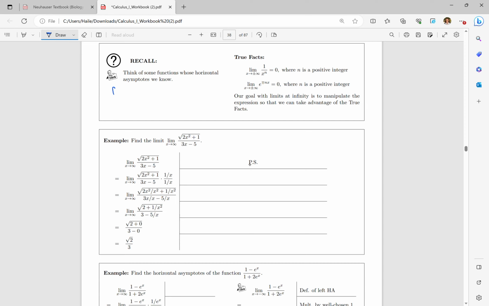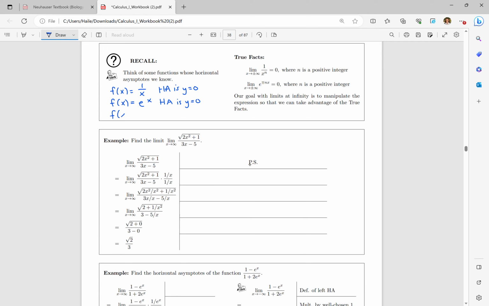Two that are really common that you should know are 1 over x, where the horizontal asymptote is 0. Also, we have e to the x, and the horizontal asymptote is y equal to 0.